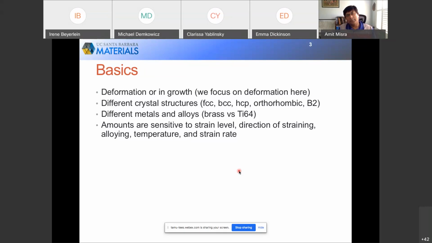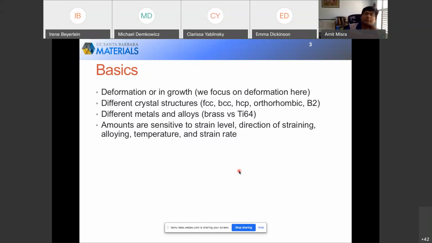And what you find is that there are some general trends, and we won't go too much into those trends, more into the basic physics of how twinning occurs. But just so you know, it's still an empirical phenomenon at this point as to when a material will twin and when it will not.